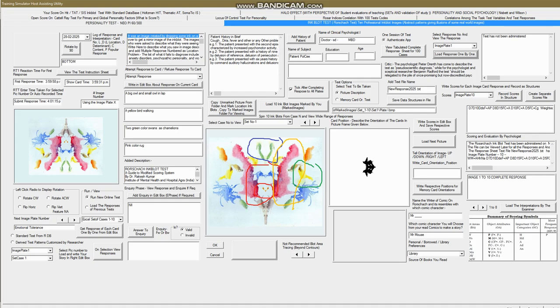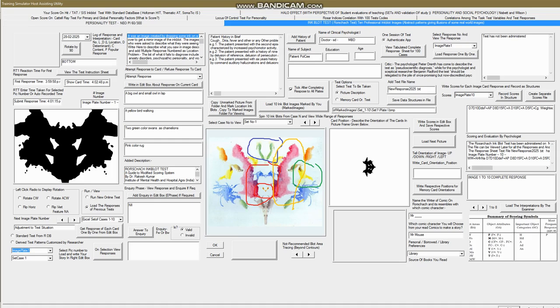And the examiner should not panic if they commit any mistake in labeling a blot area. One will continue to learn from every protocol. The most frequent responses are the hints from the Rorschach test writers.